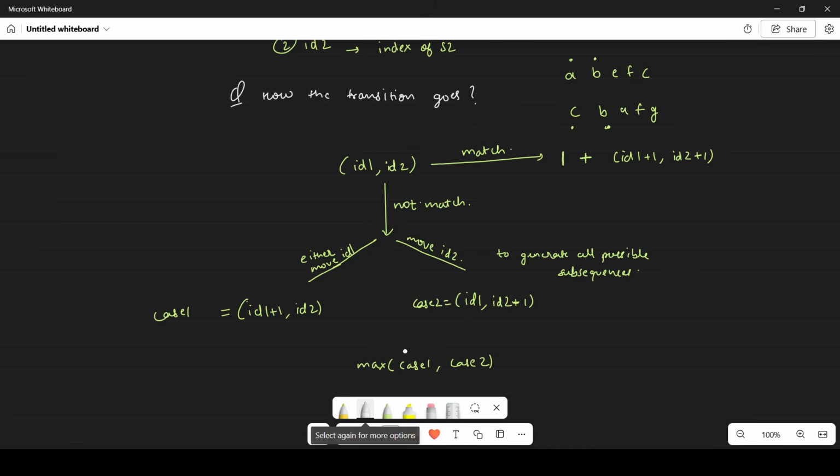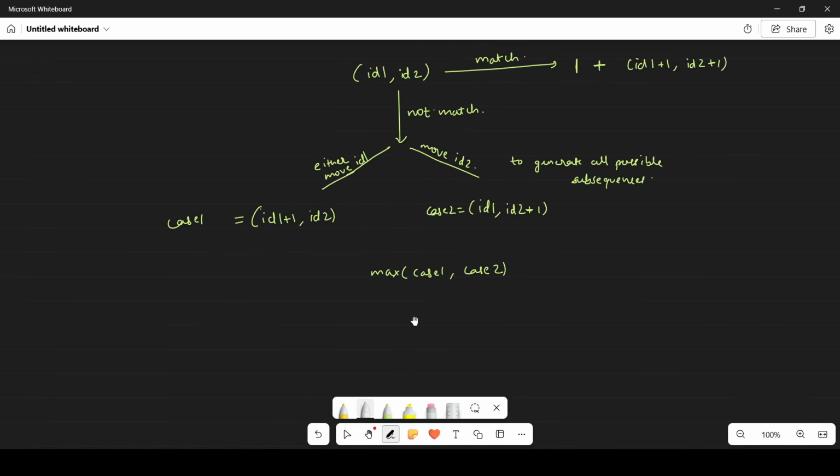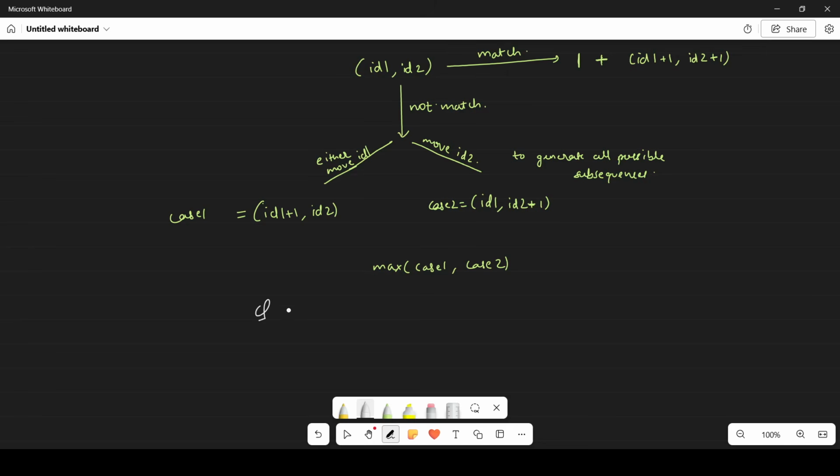Now the question arises: what is the meaning of dp of id1 comma id2? The meaning of this is simple.